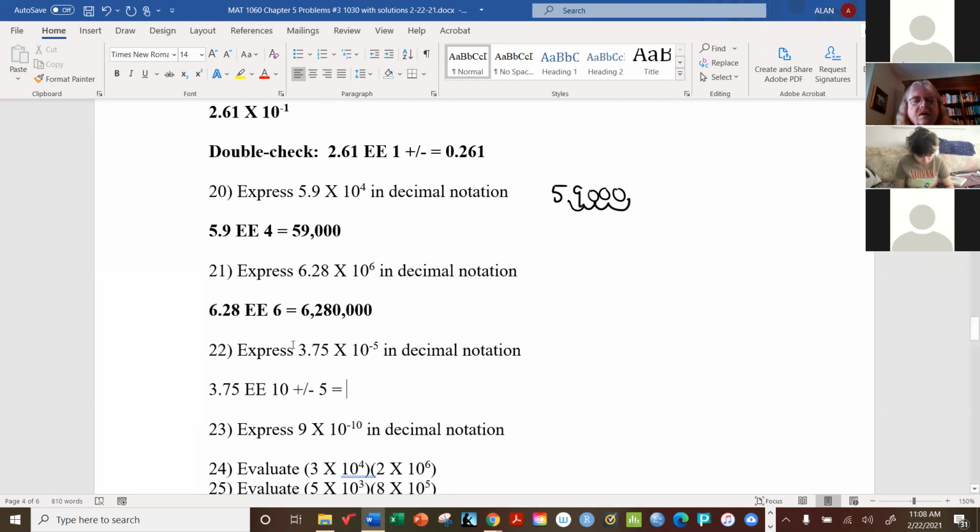No, sorry, I did it wrong. This 10 doesn't belong here. I messed it up. Sorry. The 10 is understood. It doesn't need that. There we go. And it's got 4 leading zeros. And then the 375.